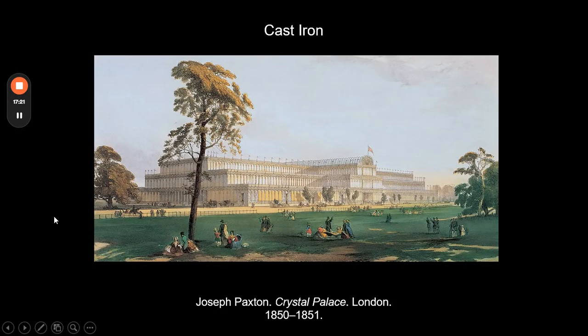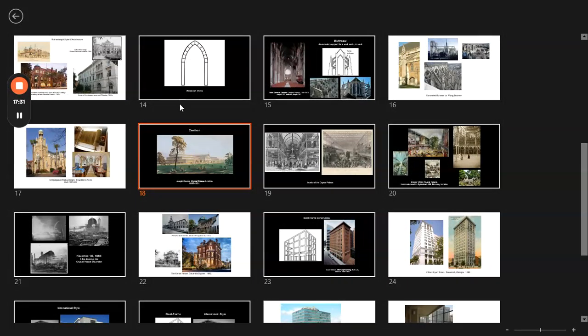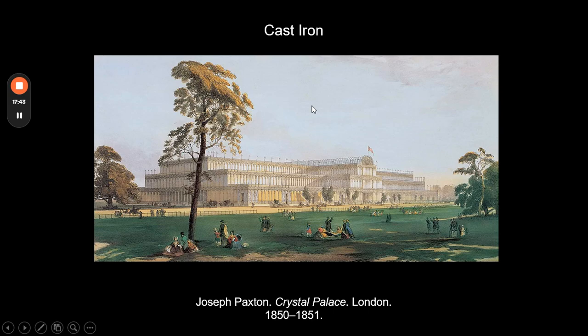All right, so again, simplifying to the extreme, this is what most architecture is: masonry, post and beam, round arch, and pointed arch. From here on out, the main innovations aren't so much in the shape of the structure as the materials.